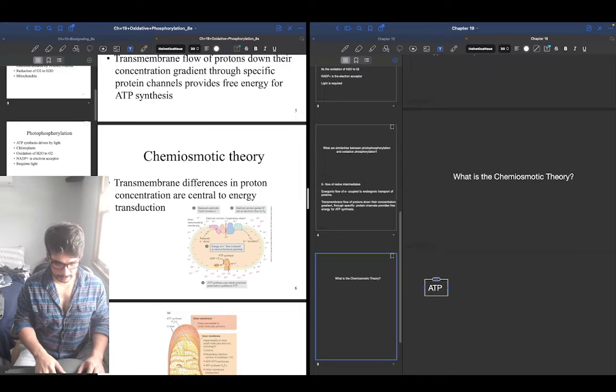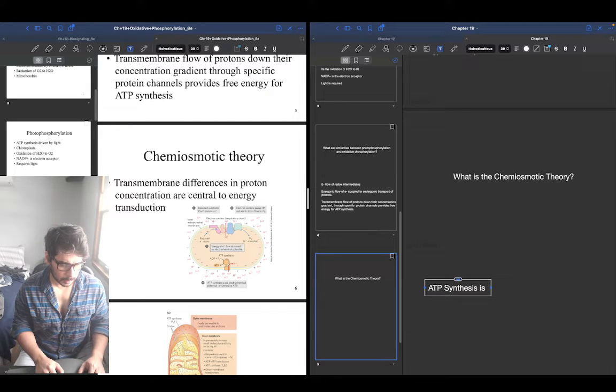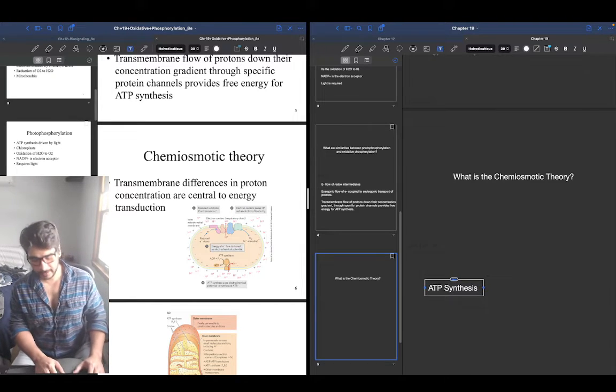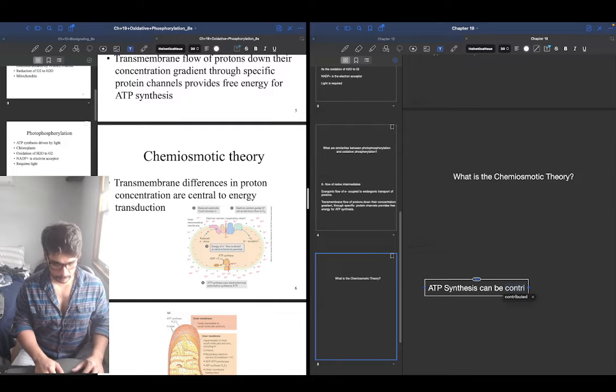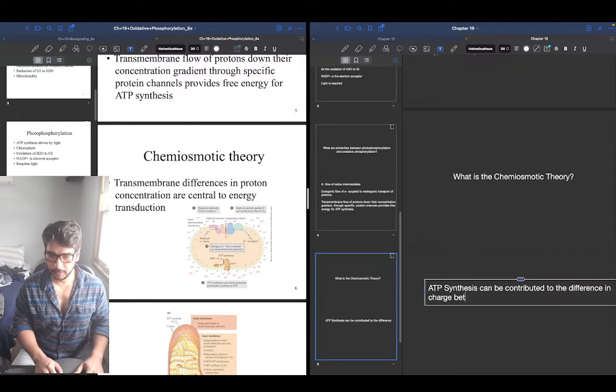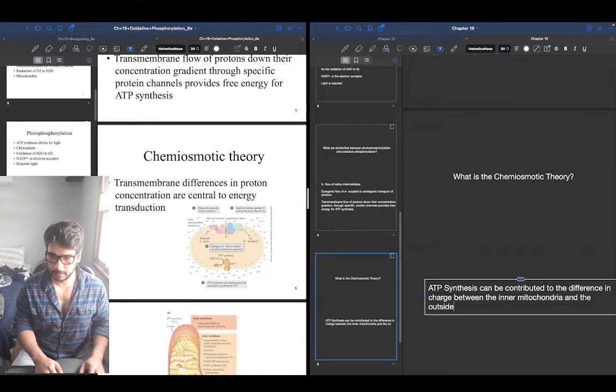ATP synthesis is due to... no, not due. ATP synthesis can be contributed to the difference in charge between the inner mitochondria and the outside cytoplasm.